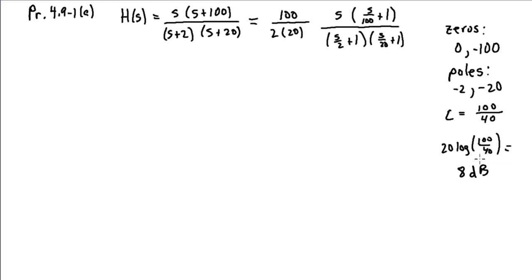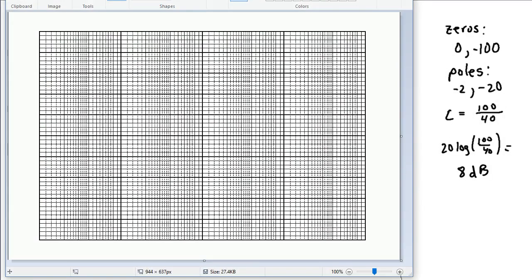What's critical here is I know the location of the zeros and the poles, and then I've evaluated this constant term, keeping in mind I've got a 0 in this particular case at the origin. So let me bring up semilog graph paper here. And the horizontal axis is laid out logarithmically.